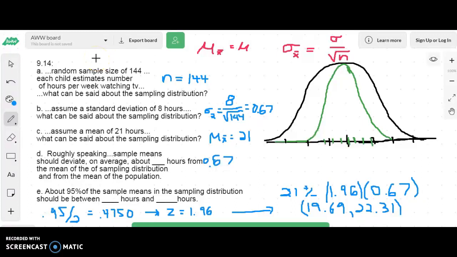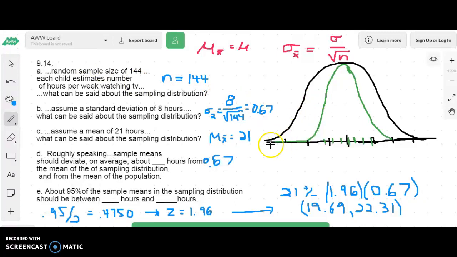The premise is that they have a random sample of 144 children taken from a local population of grade school students. And they were surveying them to find out the number of hours that they watched television per week.